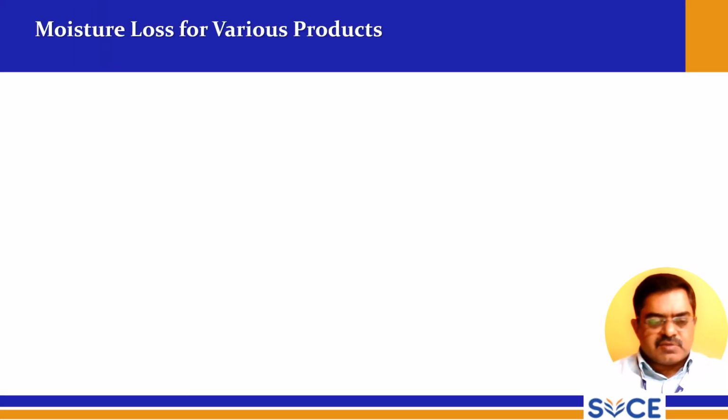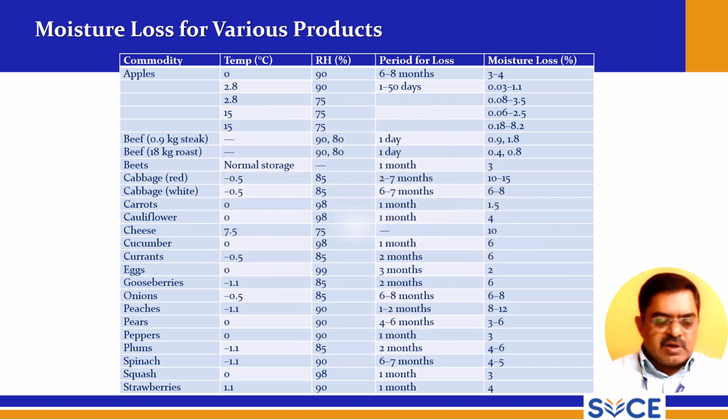So moisture loss for various products, and we have commodity, temperature, relative humidity, period for loss, and moisture loss in terms of percentage, for the different commodities that we have seen earlier.